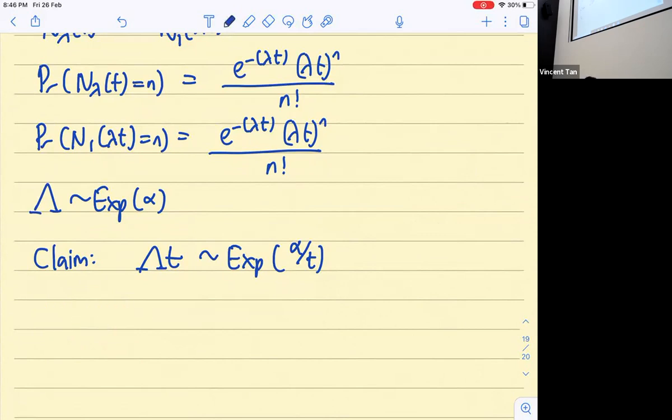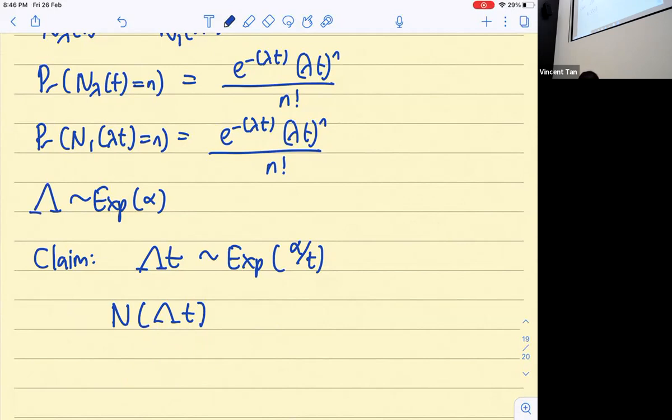If we are able to get a better understanding of N(lambda t) when this is random, with distribution given by exponential alpha, so this entire thing here is exponential alpha over t. All right. If we are able to get a handle on this object here, then we will be able to understand the Poisson process with random rate lambda.